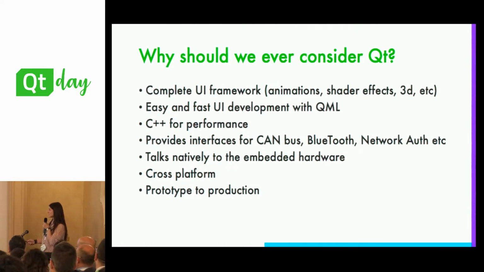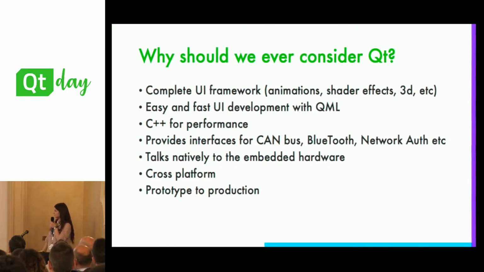And of course, very important, we have interfaces for CAN bus, which is heavily used in cars for the communication with the car parts, like the mirrors or the doors and so on. Bluetooth for phone pairing, as I mentioned before, network authentication if we have to download anything from any secure server, for instance.